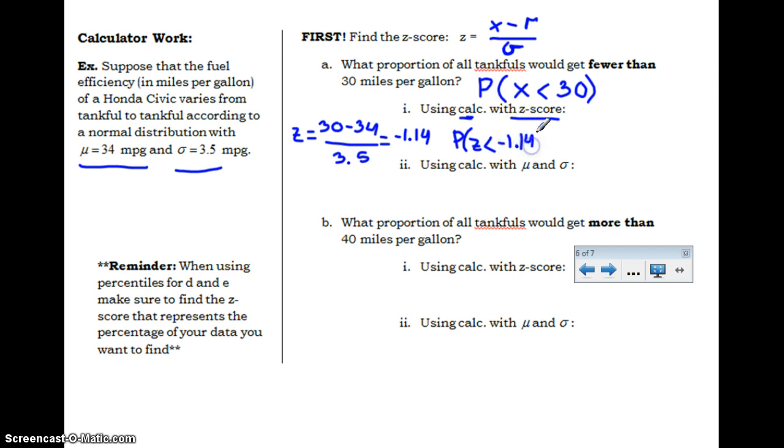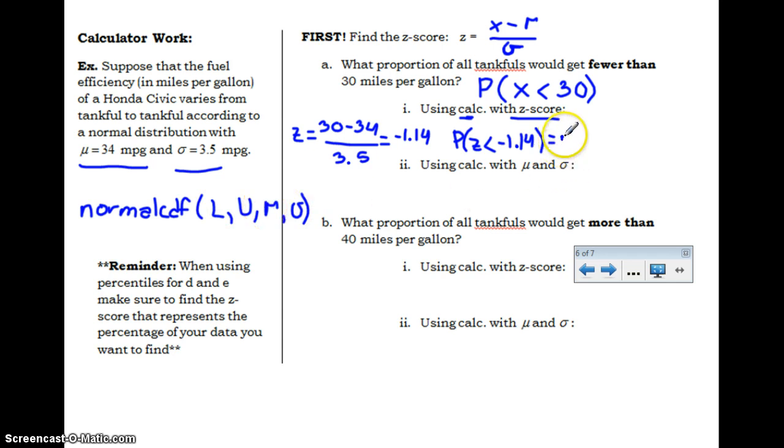So the way that we put any of this into our calculator is by using the normal CDF, and I'm going to write over here on the side the order that we're going to put it in. So normal CDF is what we're going to grab on our calculator, and then it opens parentheses, and it asks you to put in the lower end of your interval, the upper end, the mean, and the standard deviation. And if it's easy for you to remember, LUMO, L-U-M-O, that might be helpful to remember here.